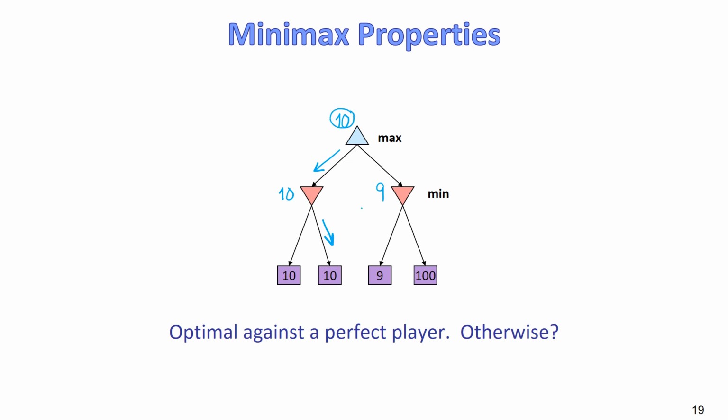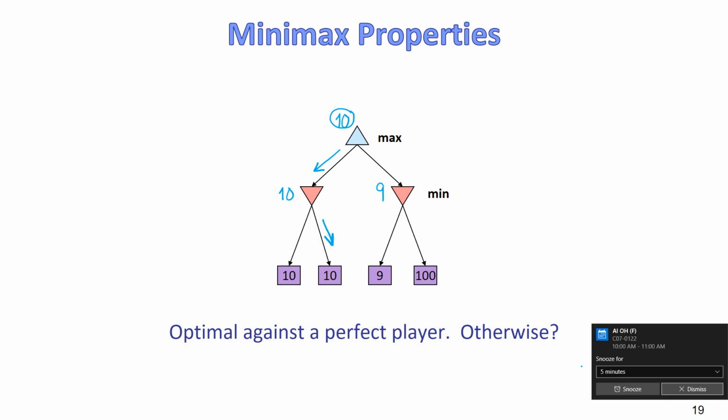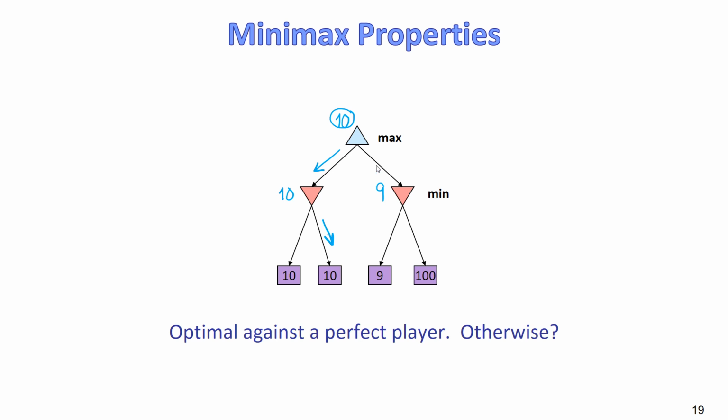Thanks, Mustafa. Now, looking at this game tree, the max agent might be tempted to get this 100, and you see here the 4 terminal nodes, 10, 10, 9, 100. So 100 is tempting here really. How can we get this 100? Is it possible?